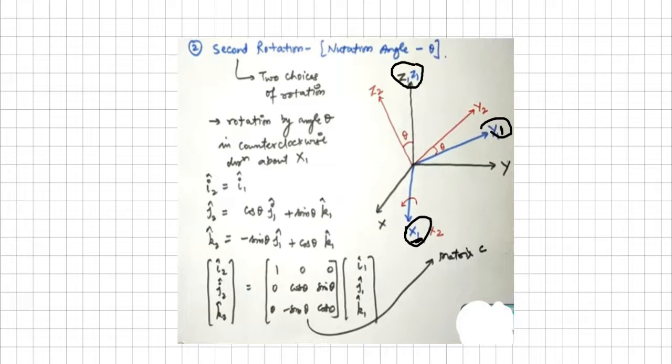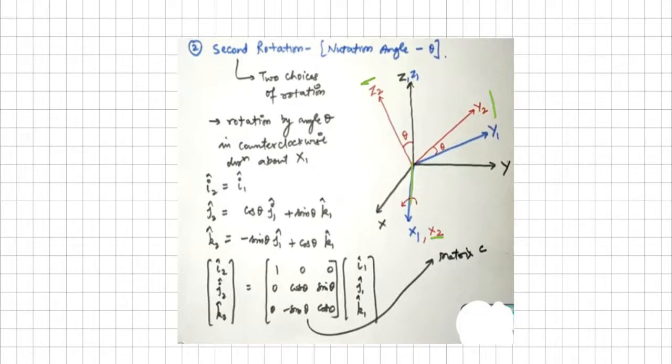Now where have we reached? We have reached a new coordinate system: our x2 axis, our y2 axis, and our z2 axis. You can see these red lines, and you have to consider this blue line.